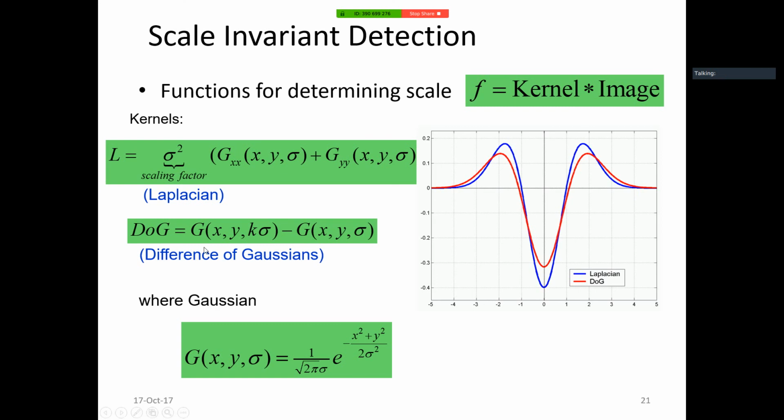So this is a Gaussian with a scaling factor of k sigma, and this is a Gaussian with a scaling factor of sigma, and you subtract them from each other.